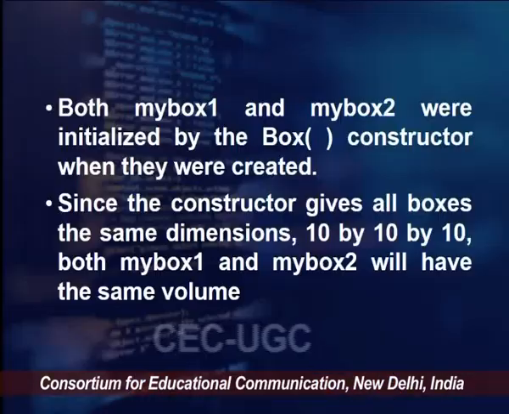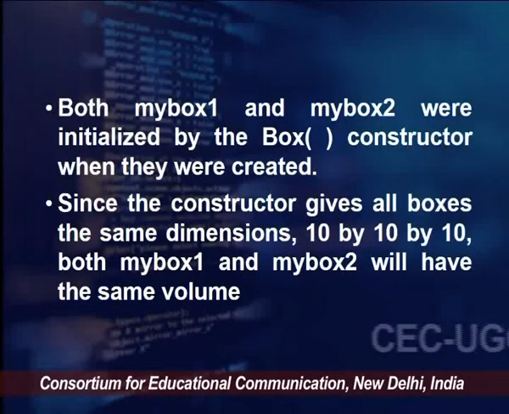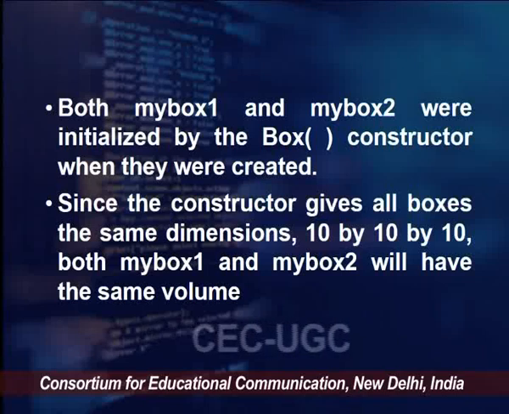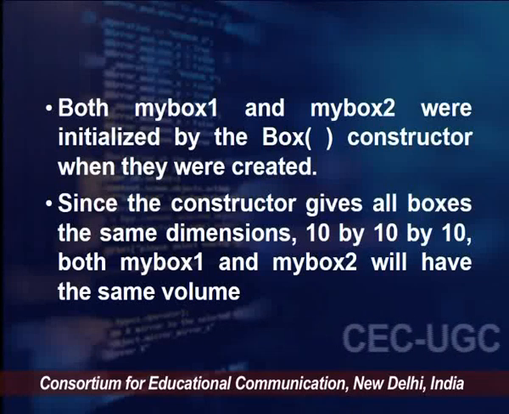So when this constructor is called for both of the objects, or both of these reference variables mybox1 and mybox2, the instance variables were initialized by the box constructor when they were created.